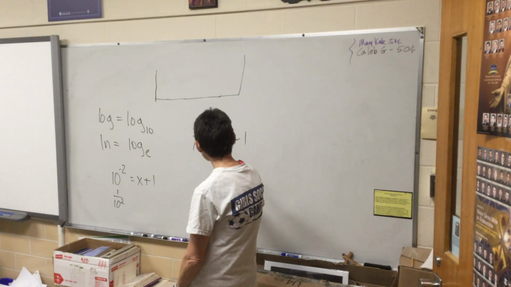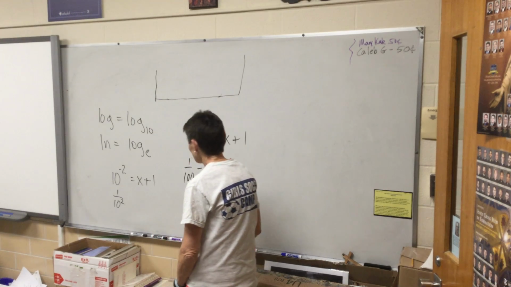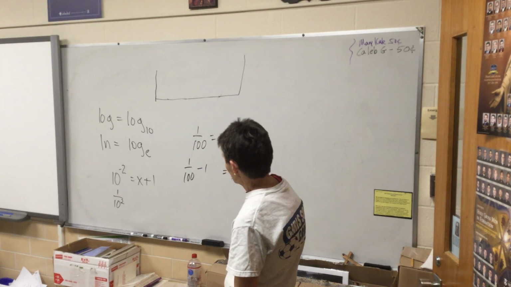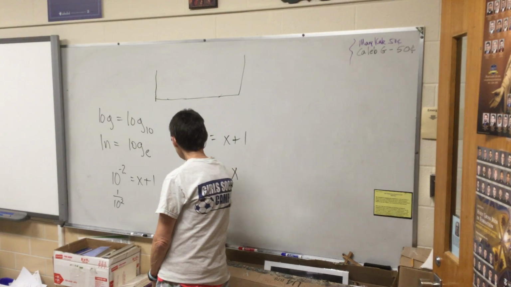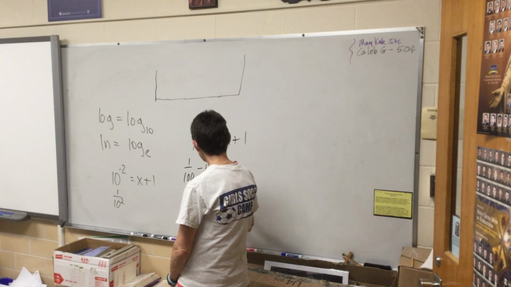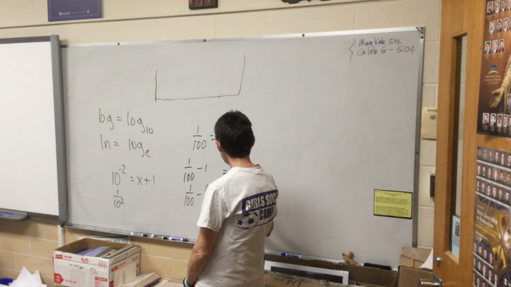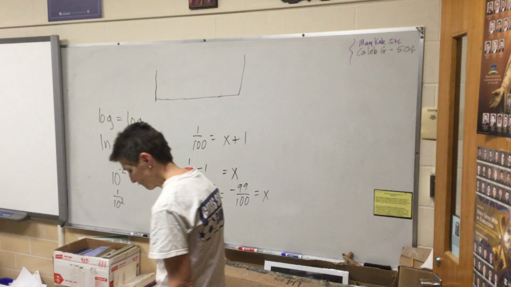And you are solving for x, so you're going to have to subtract 1. So again, common denominator, that's going to be 1 100th minus 100 100ths. So negative 99 100ths is our answer.